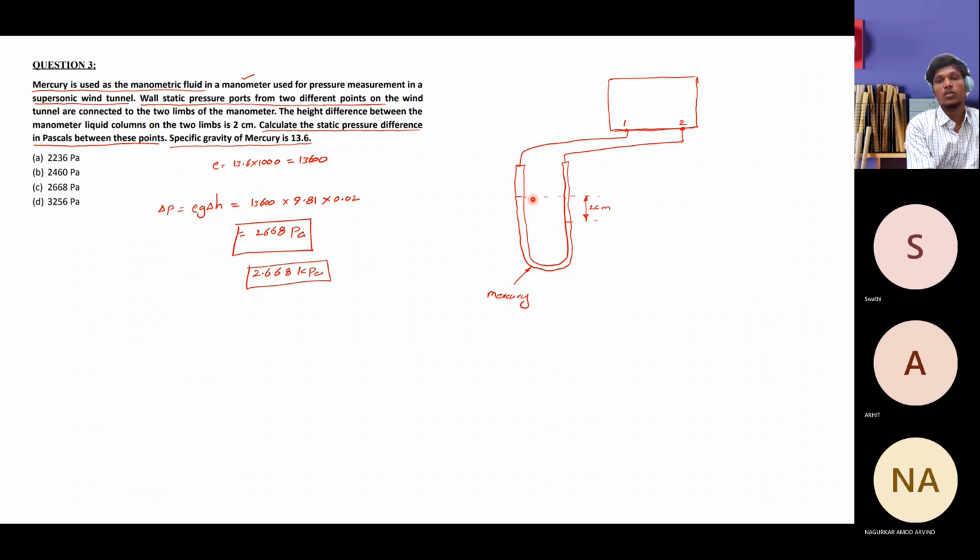There is a head difference inside this manometer, which is filled with mercury, and this difference is around 2 centimeters. They're asking how much the actual pressure difference is, in kilopascals, in the test section. So that is one question, simple fluid statics.